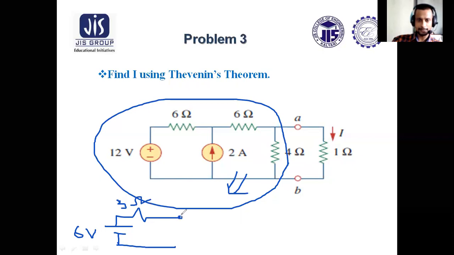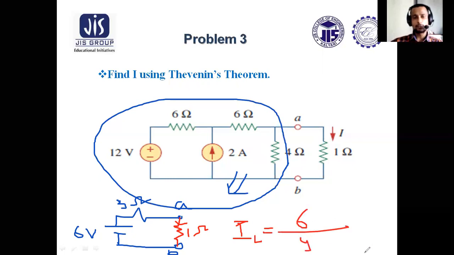And as per the last step, we will now reconnect the load having 1 ohm resistance. So what would be IL? Current through this load will be IL equals 6 by 4.